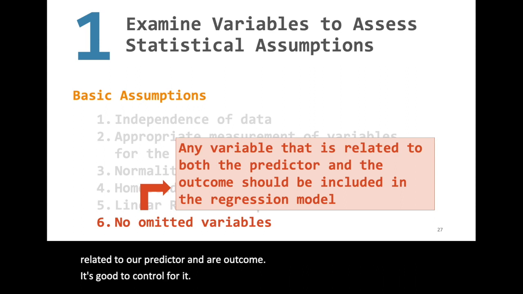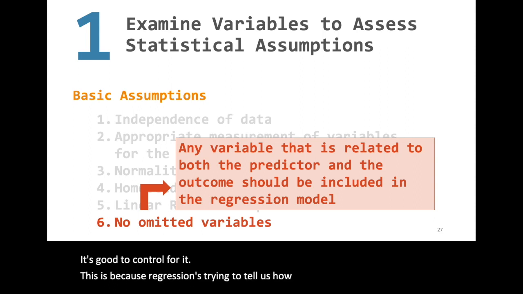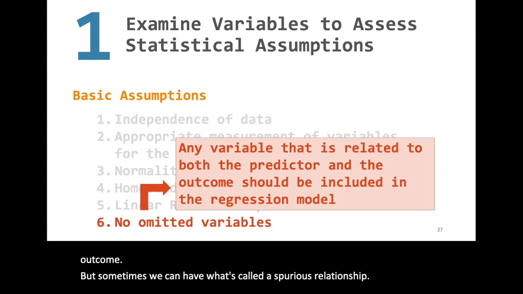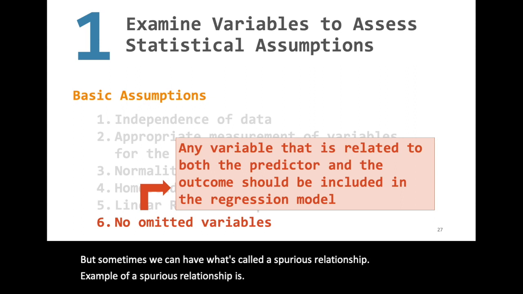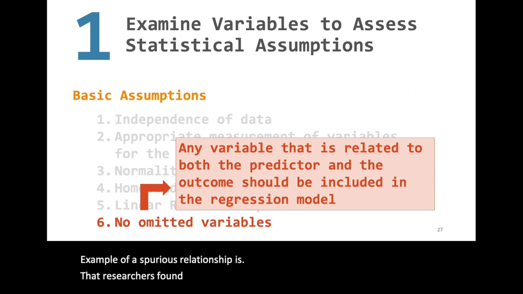This is because regression is trying to tell us how the predictor changes the outcome. But sometimes we can have what's called a spurious relationship. An example of a spurious relationship is researchers found that chocolate consumption was related to vehicle crashes.